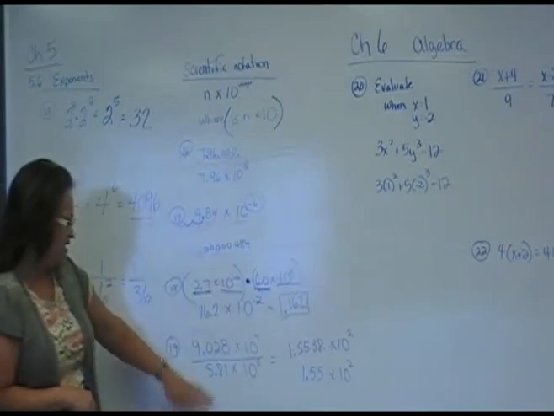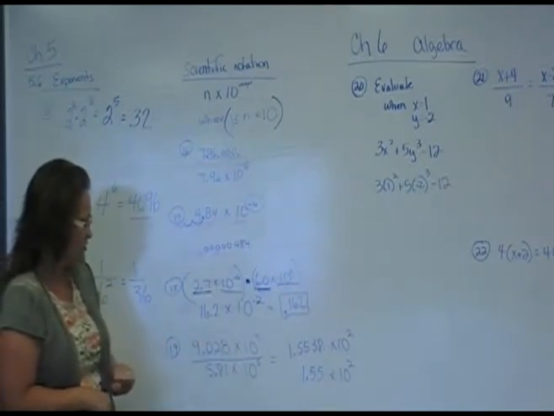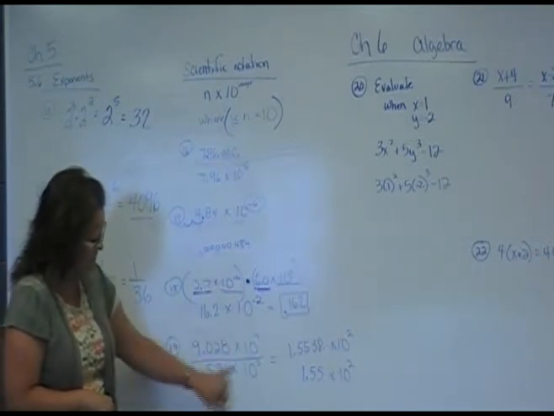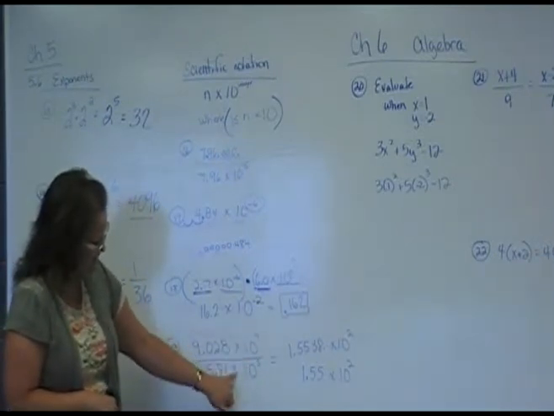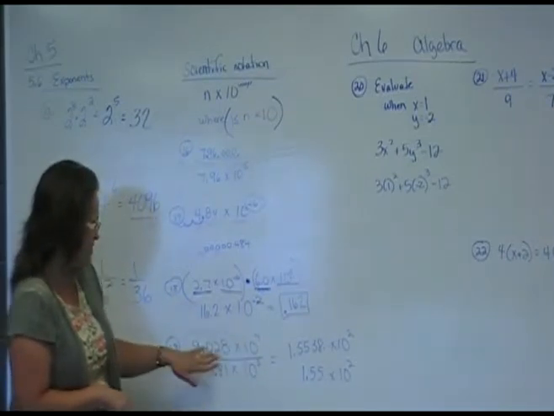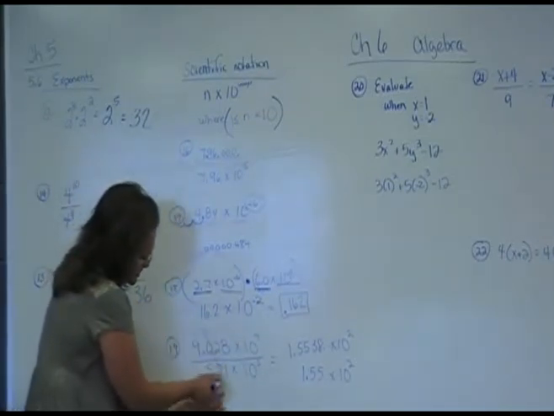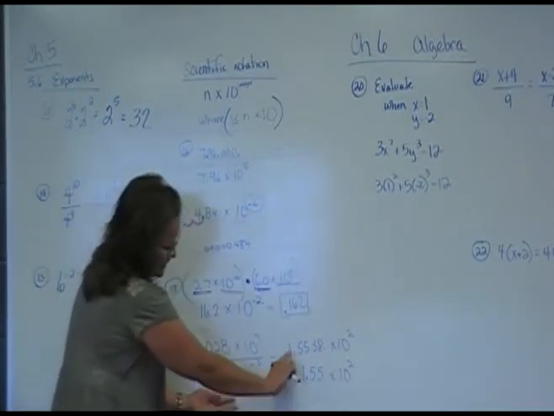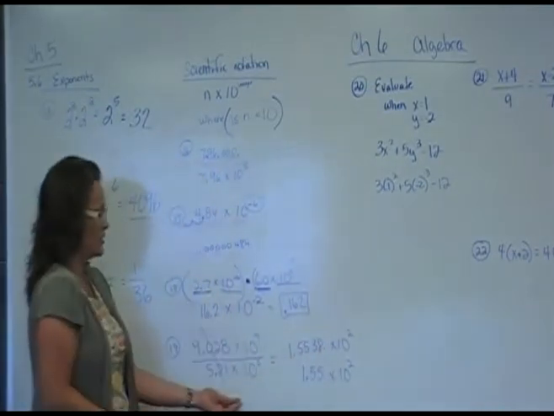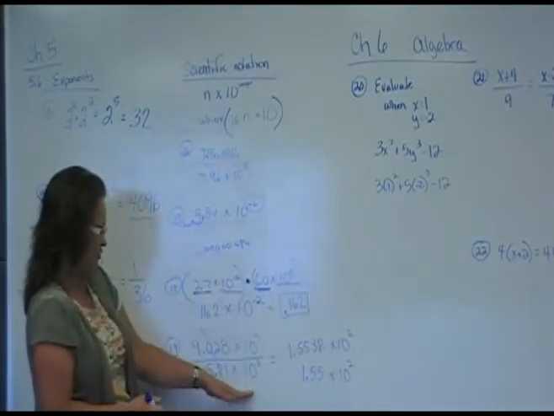Okay, number 19, another application with exponent rules with scientific notation. We can divide these numbers and divide these numbers separately. Since that is a times sign, we have freedom to cancel out. You can cancel out when you're multiplying. So we can reduce this part, 9.028 divided by 5.81, and that is approximately 1.5538. It kept going, but I've stopped at 4 decimals.